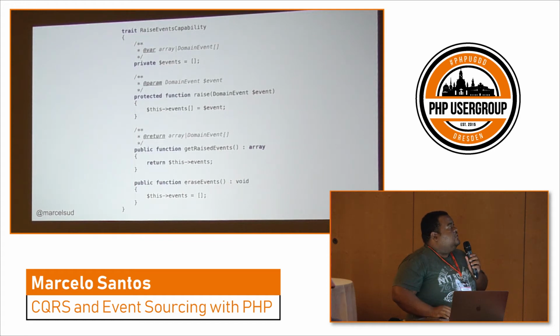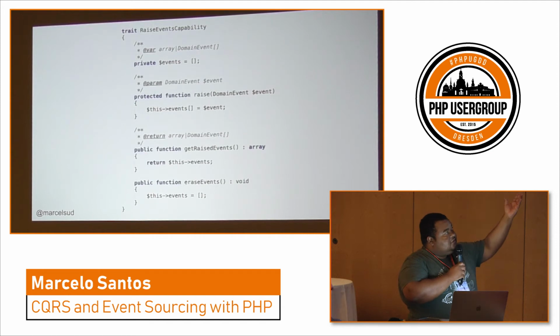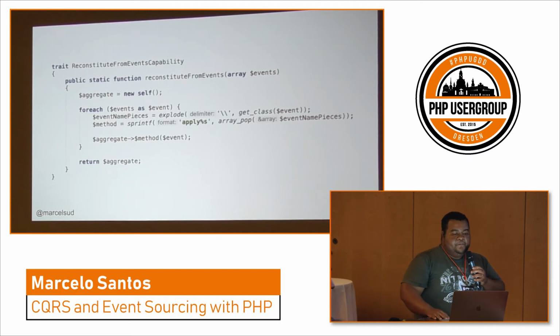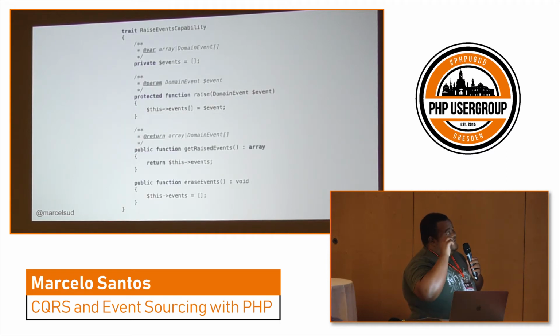I want to have the possibility of raising those events, which in the end are just an array with a list of objects, which I called domain event. If you are familiar with DDD, this is the same DDD domain event.